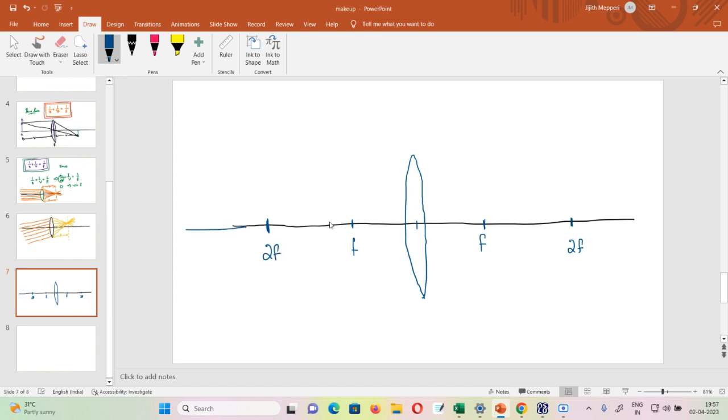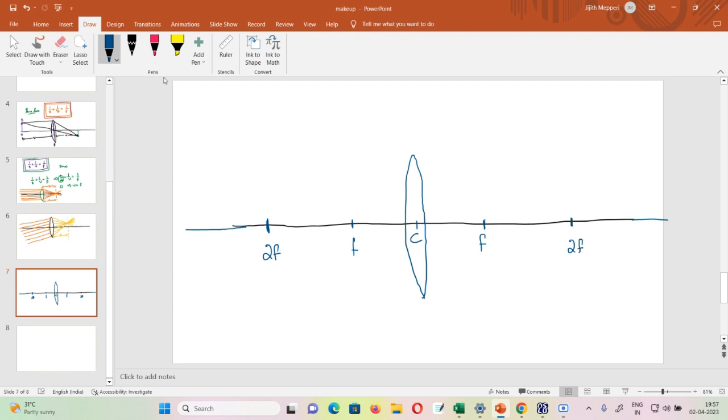Now, where the lens crosses the optical axis, we call it the optic center of the lens. Based on the position of the object, we will get images at different locations. So we can see how we will get that.